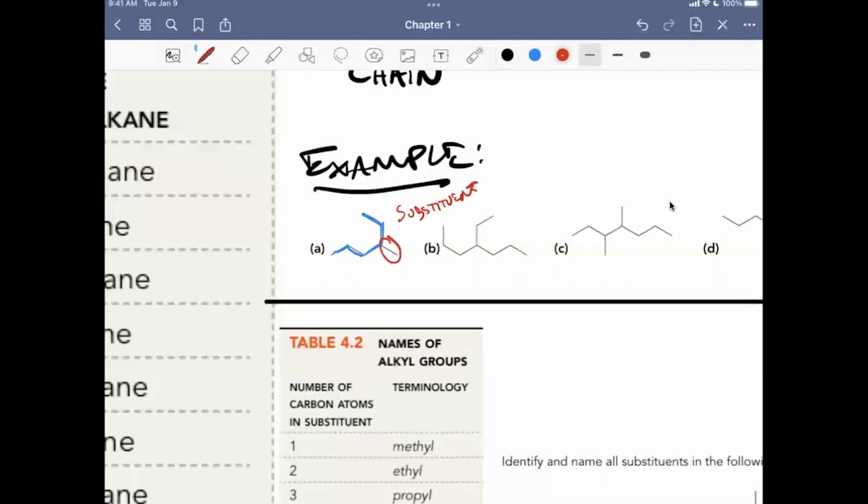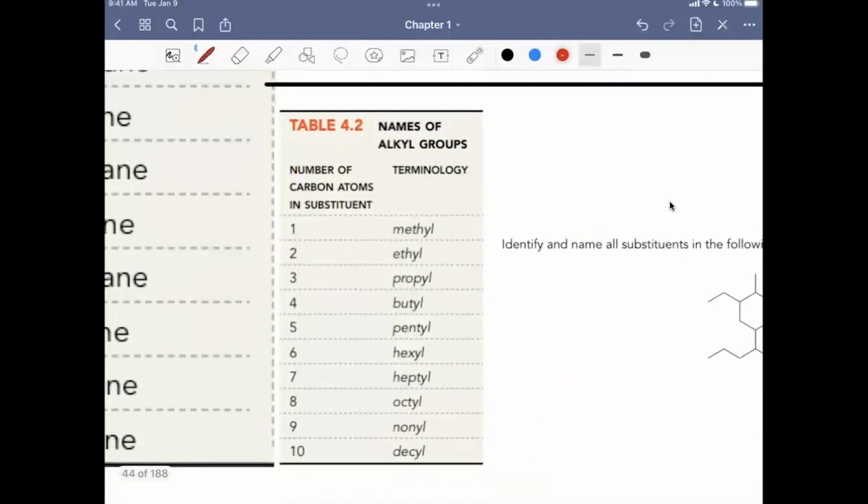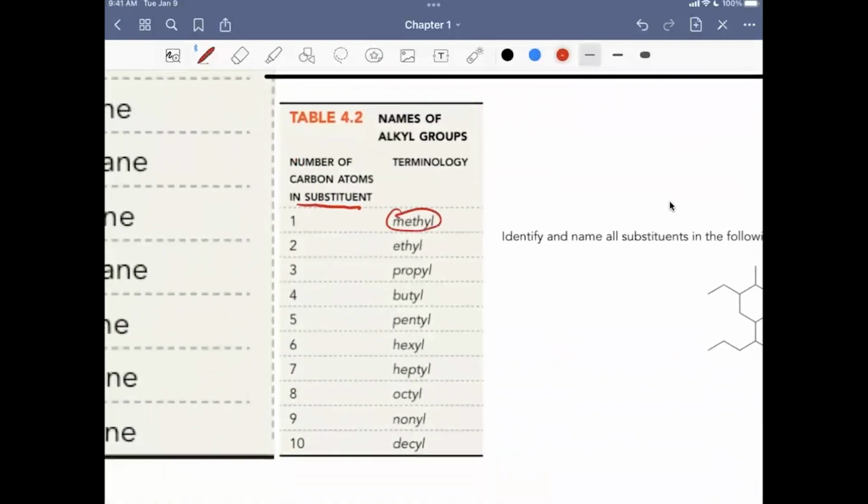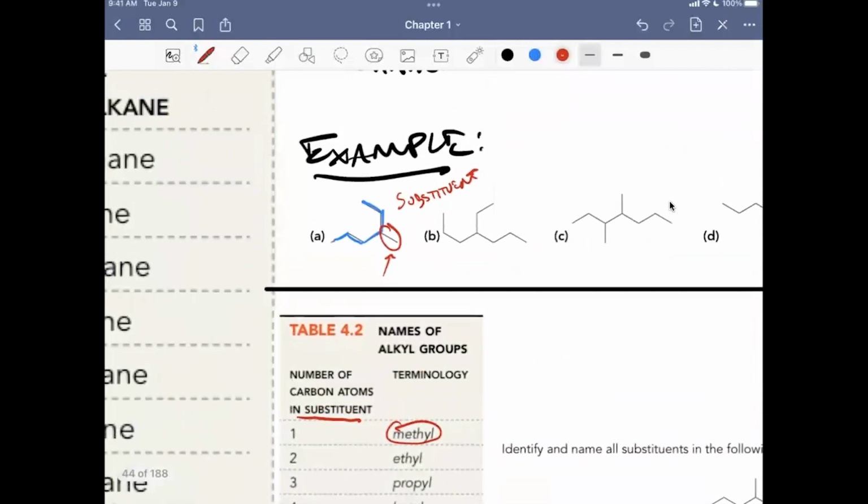Just a fancy term. Whatever's not on the parent chain is called a substituent, and the list of substituents is here. So the number of carbon atoms in the substituent, that one we had right here, there was only one, so that would be a methyl group. Okay, and we'll get into numbering in a second.